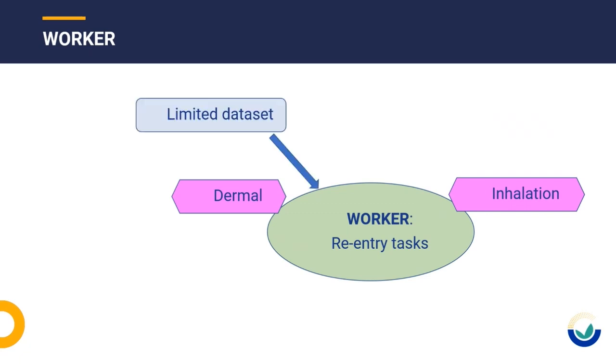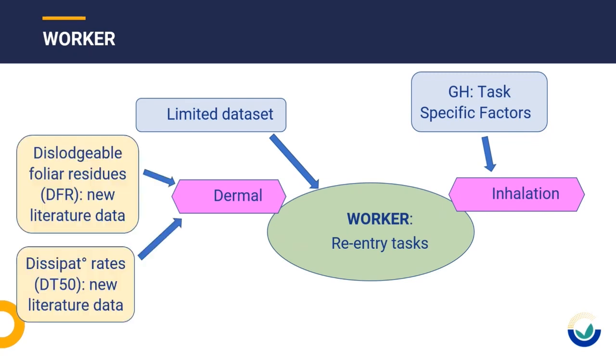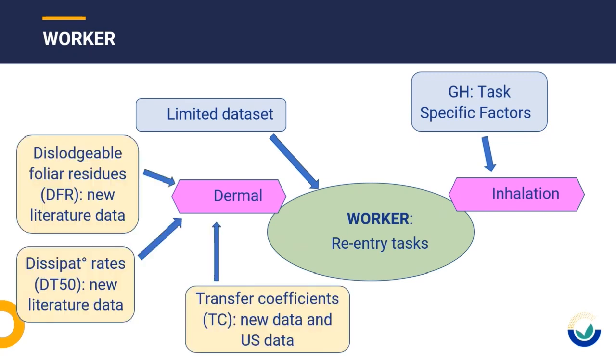For the development of the EFSA calculator and guidance in 2014, a limited dataset was available, including some data for re-entry in greenhouses with the application of task-specific factors. For the update of the EFSA guidance in 2022, new field studies and new literature data were considered in relationship with the main factors determining the worker exposure.